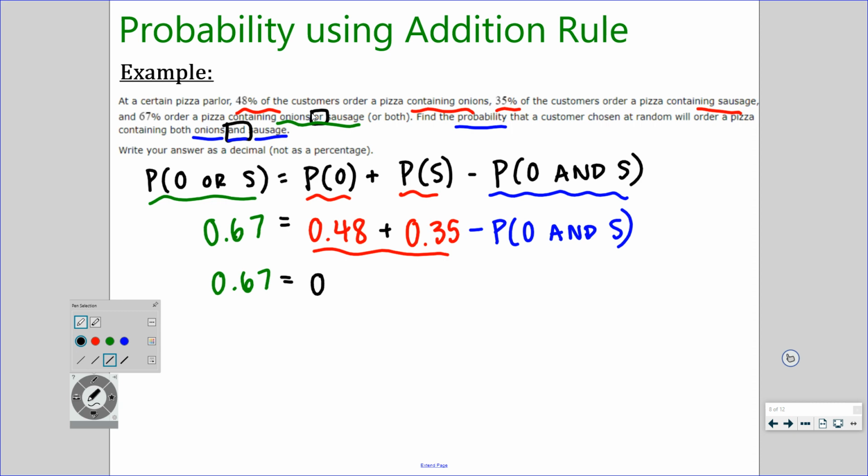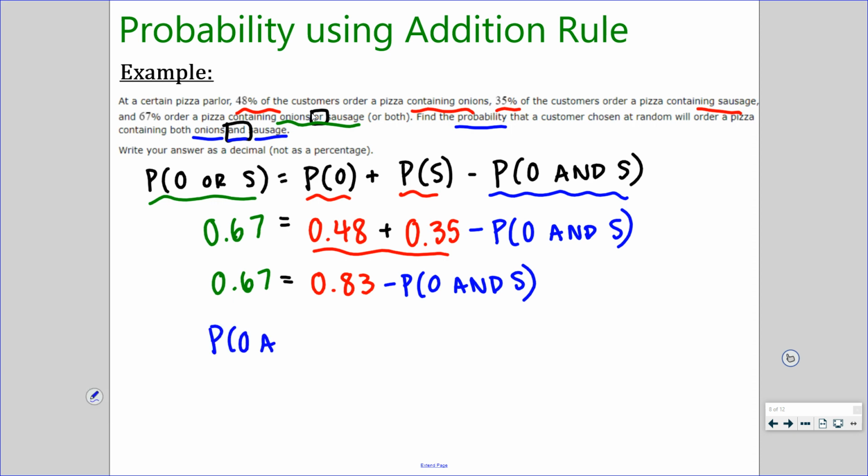That gave me 0.83 minus both. Okay, so I added this one over, and then subtracted that one over.